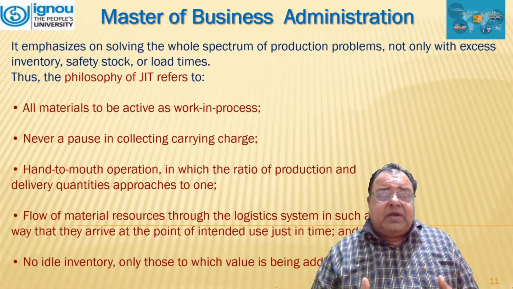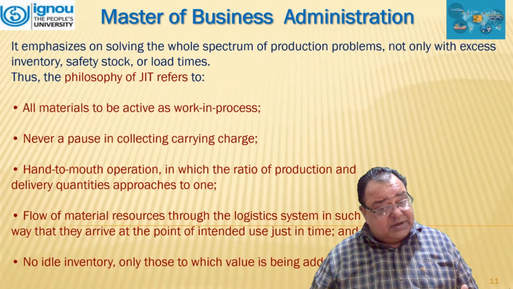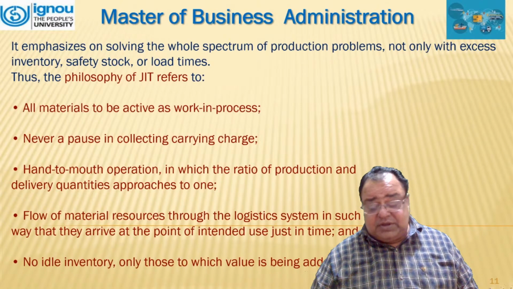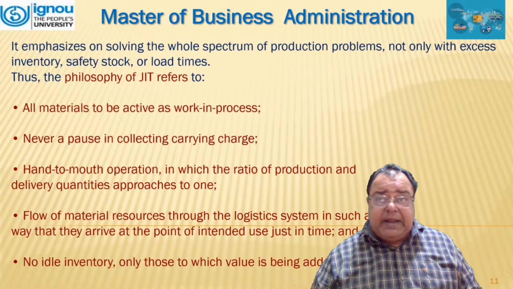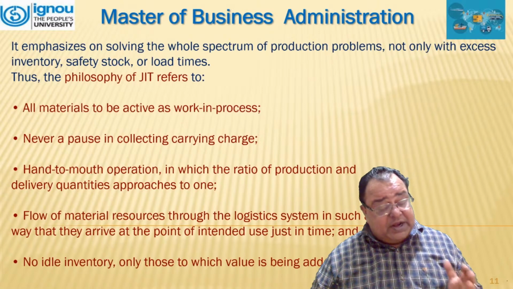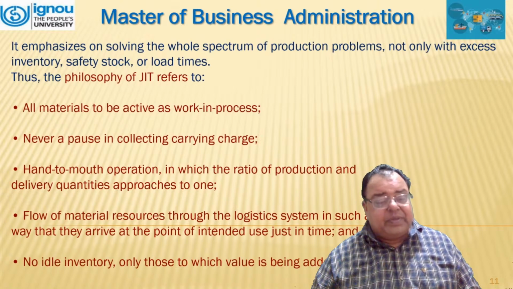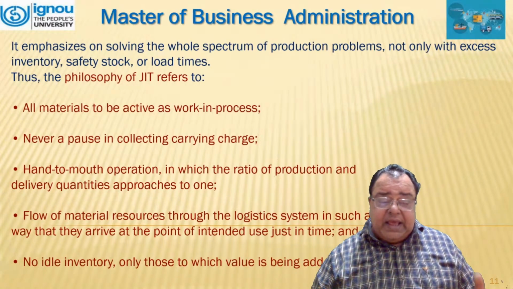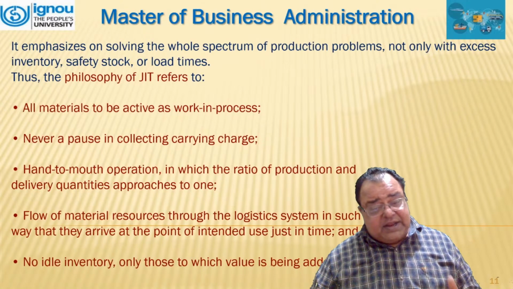The philosophy of JIT refers to all materials being active as work in process, never paused, collecting carrying charges. It is a hand-to-mouth operation in which the ratio of production and delivery quantities approaches 1. It is the flow of material resources through the logistics system in such a way that they arrive at the point of intended use just in time.